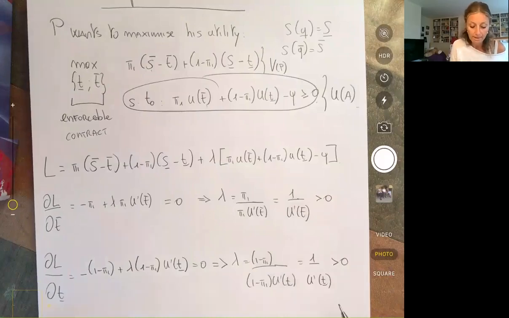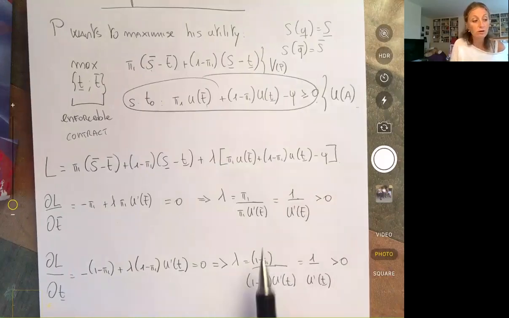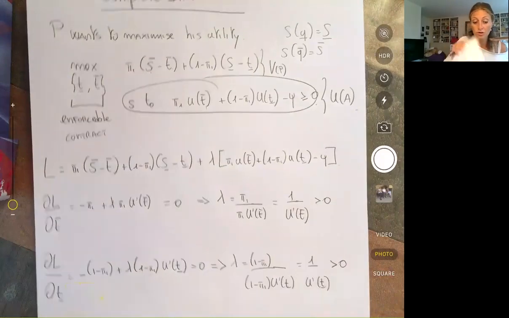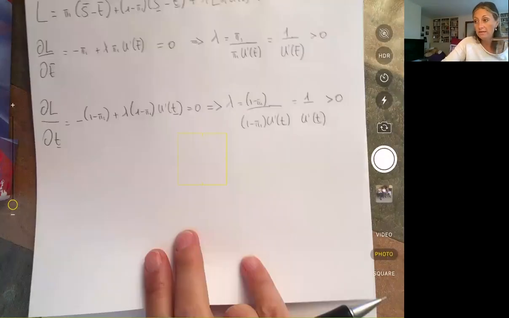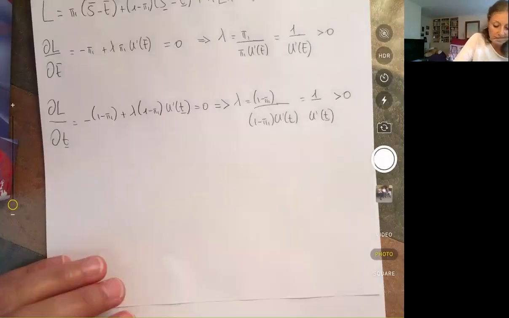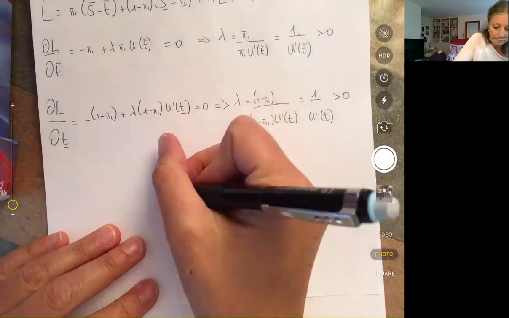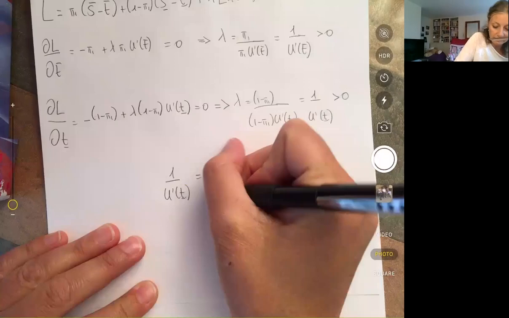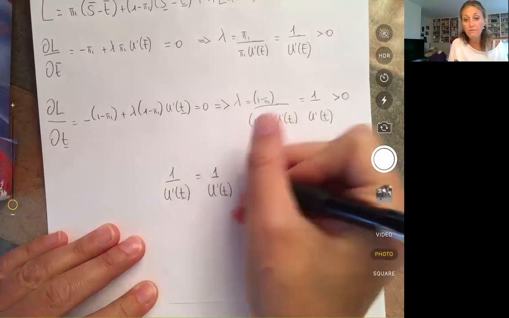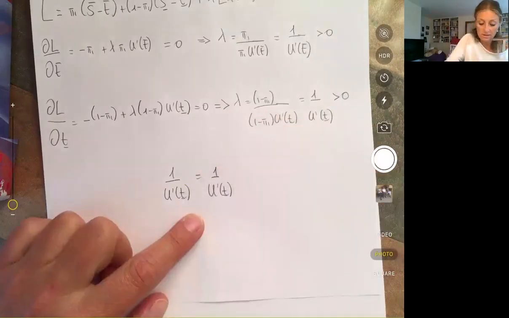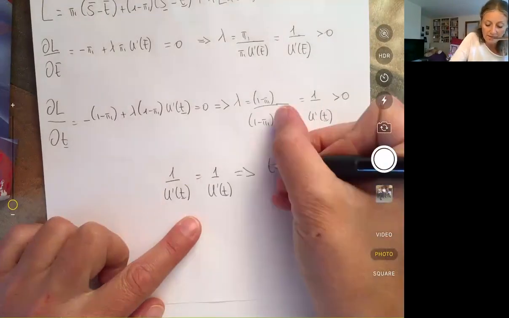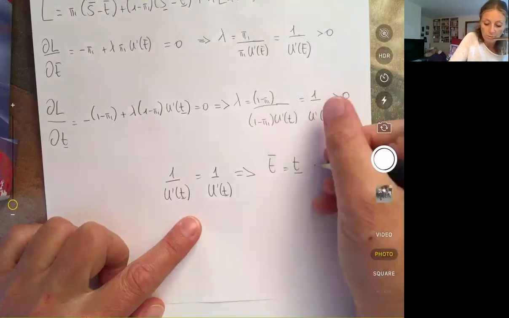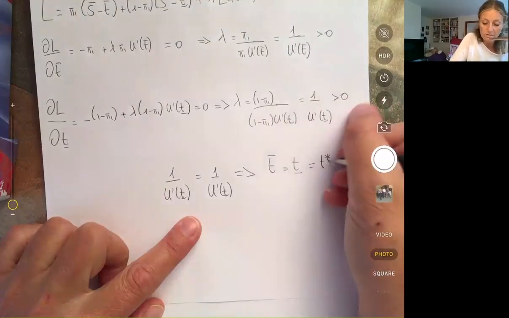Now, since the two expressions are equal to lambda, it means that they're equal to each other. So if they have the same marginal utility, that implies that T upper bar is equal to T lower bar. This is equal to T star.